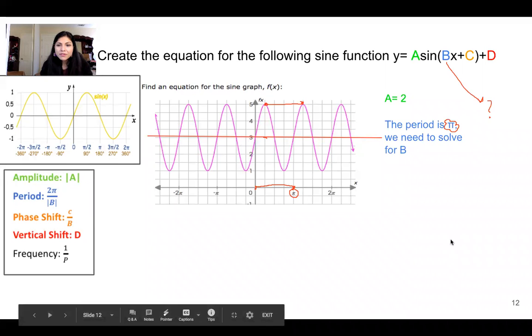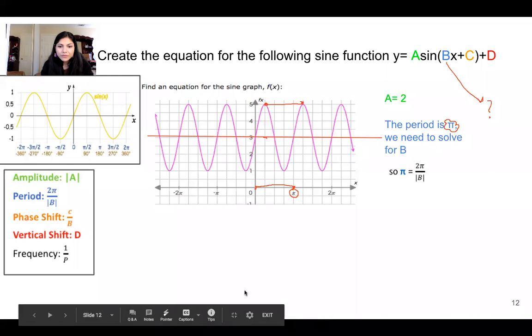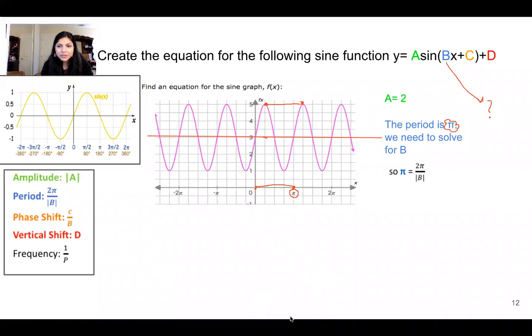Because period is pi, right, y'all? The P becomes pi. So the formula is essentially P equals 2 pi over B. But instead of writing P, I replace the P with pi because that is the length of my period.